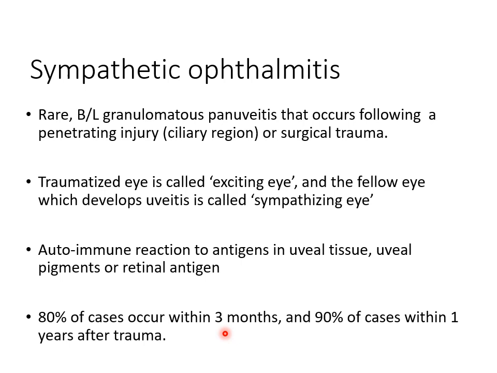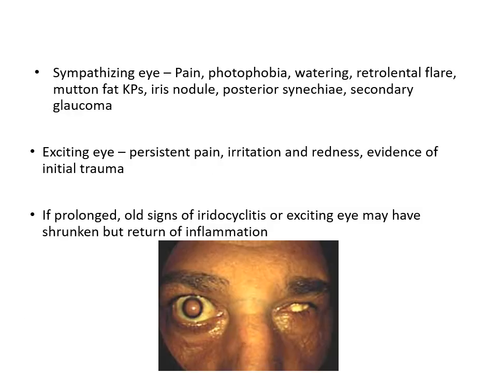Most of the cases occur within 3 months, and 90% of the cases occur within 1 year after trauma to the other eye, right? In the exciting eye, there is persistent pain, irritation, and redness, and evidence of initial trauma would be there. For example, you may see a scar.